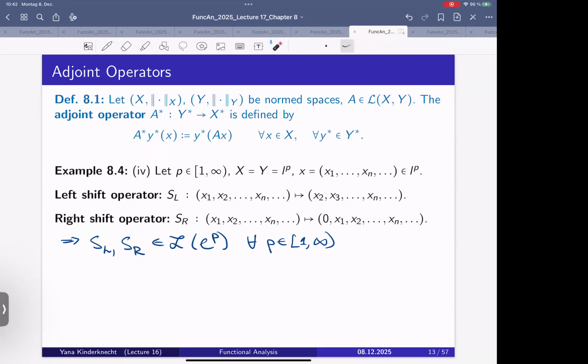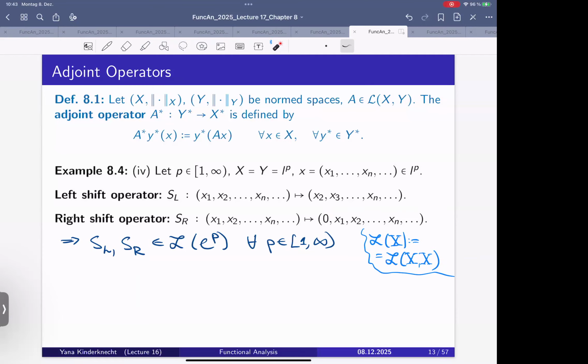Just recall that I told about this, but I didn't write it in a solid form: if I use this notation, this is the set of bounded linear operators from x to x. This is the notation which I used here. Actually the norm of each operator is 1, but this is an exercise for you to check.